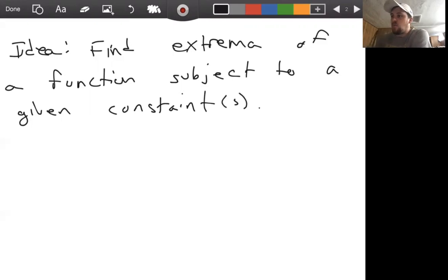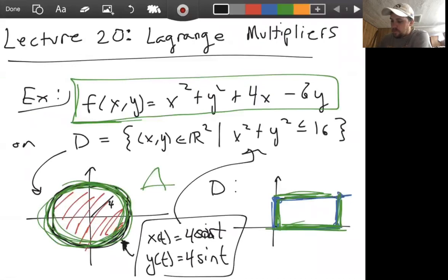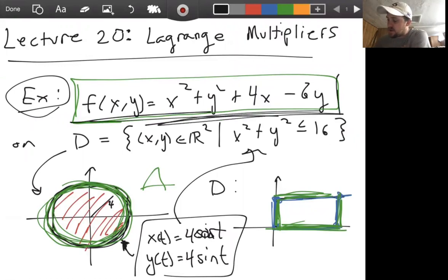And so what are we trying to do in the language of this example? We're trying to maximize or minimize this function subject to the given constraint of the boundary circle.